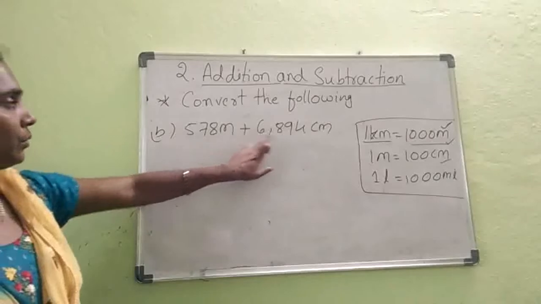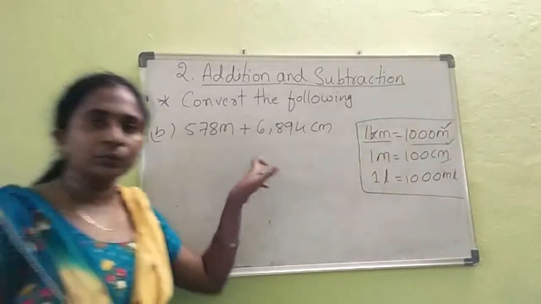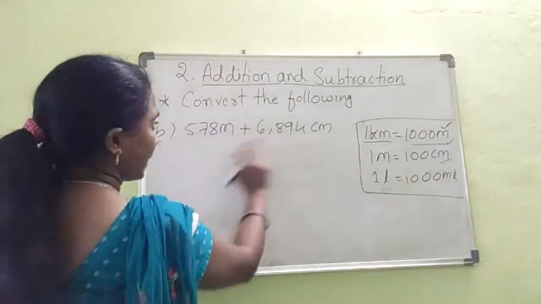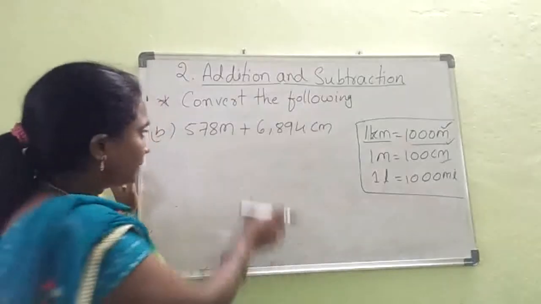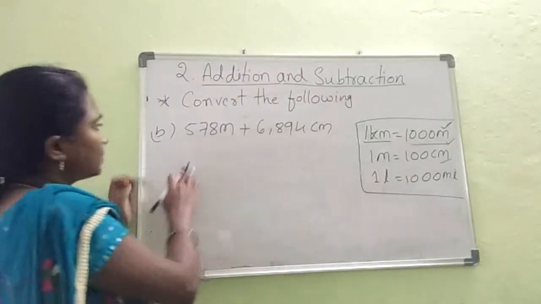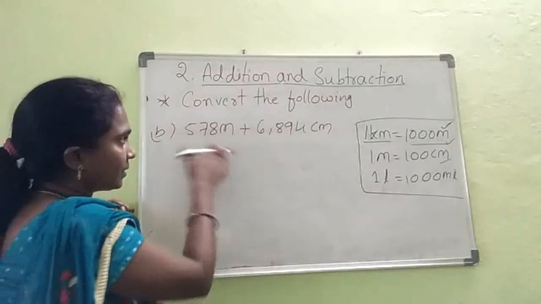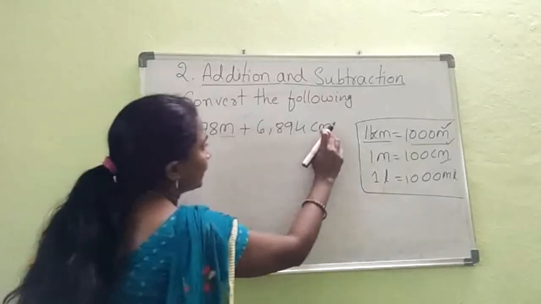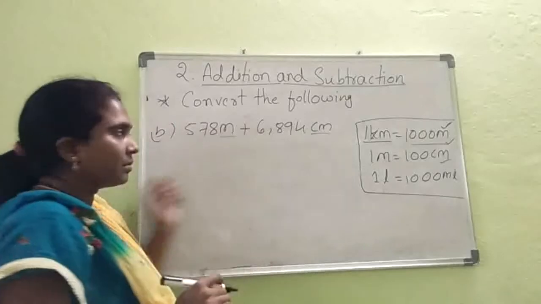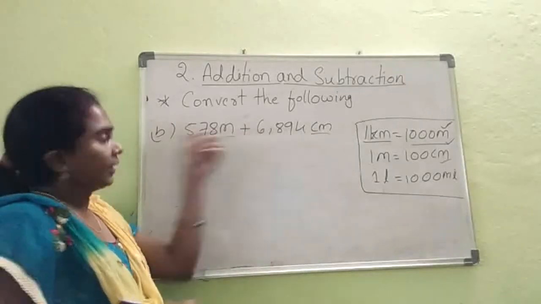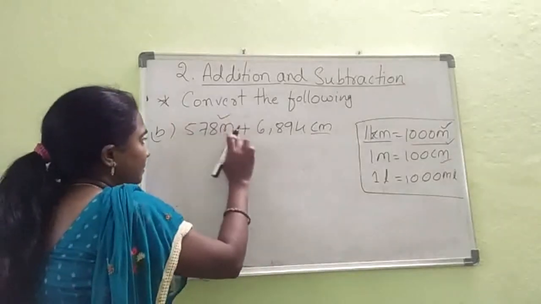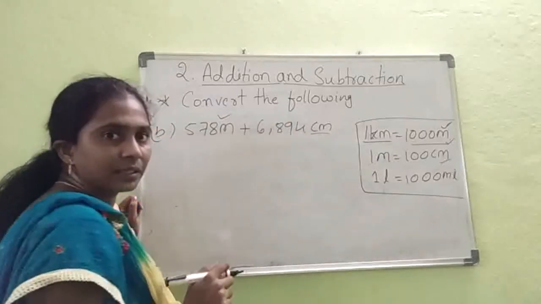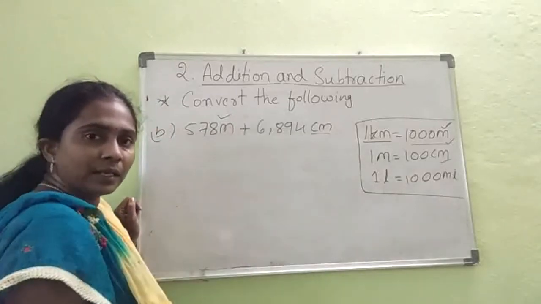What do we have to do? We have to add these two numbers, right? But what is the different thing again? See the units: here we have meters, and here we have centimeters. So directly we can't add. First you need to convert these meters into centimeters, then do the normal addition.